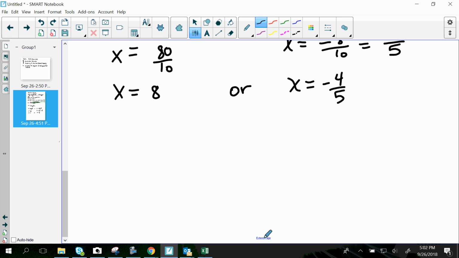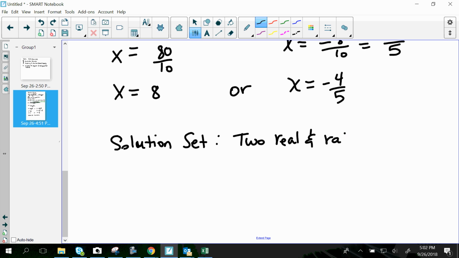Okay, so that gives me a solution set, two real and rational zeros, or solutions, or roots.